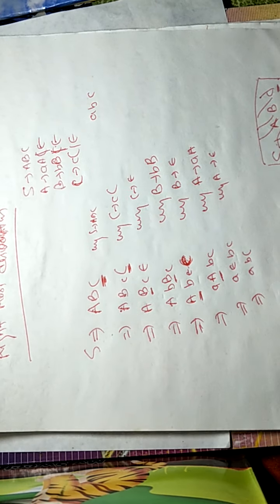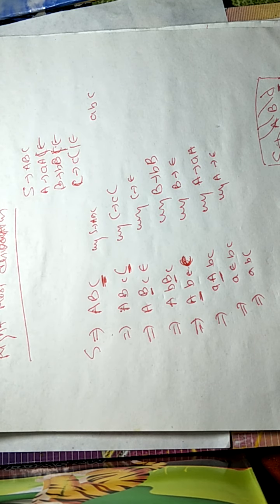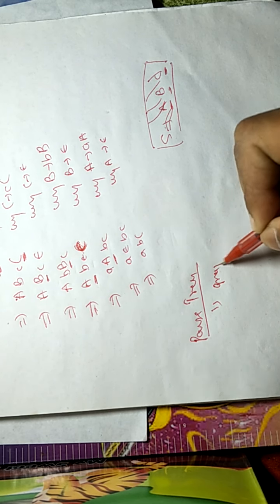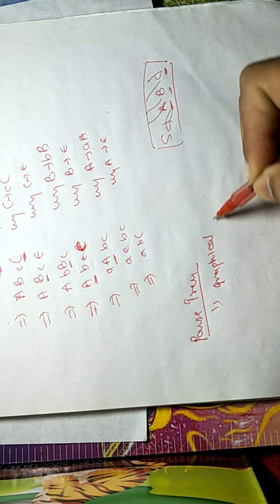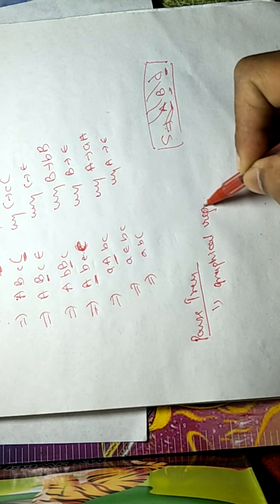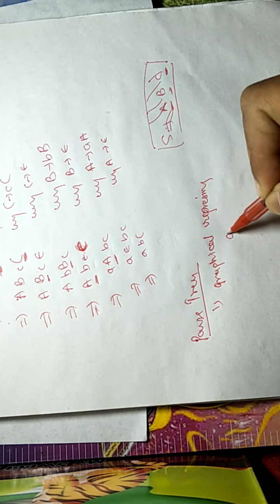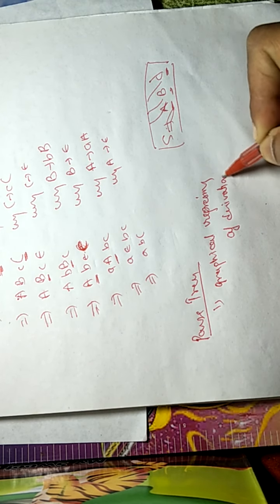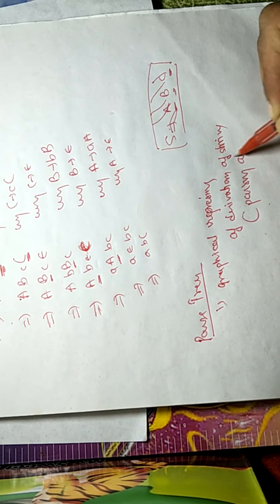Now look at what is known as parse tree. So parse tree is a graphical representation of derivation, and derivation of a string is also known as parsing of string.